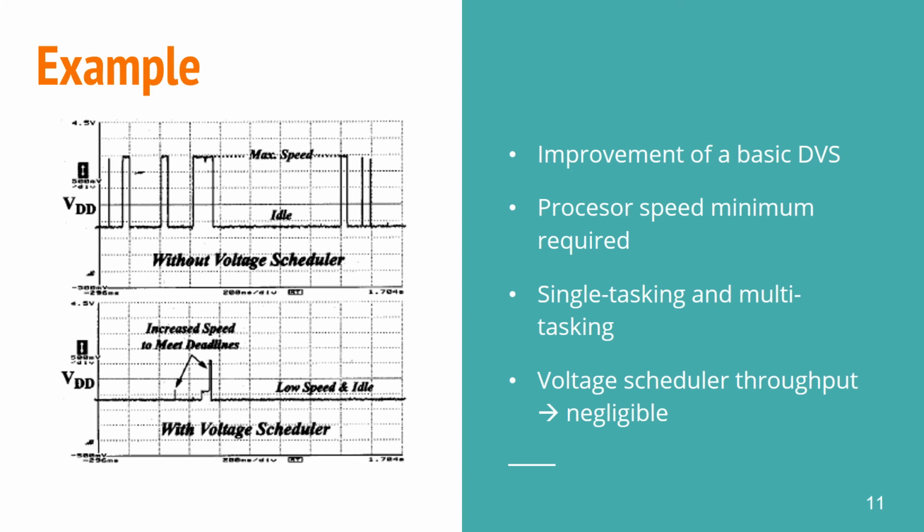The optimal clock frequency in a single tasking system is simply workload divided by the deadline time. A more sophisticated voltage scheduler is necessary to determine the optimal frequency for multiple tasks. Workload predictions are empirically calculated using an exponential moving average.